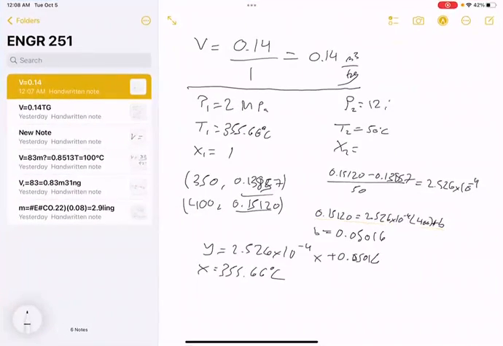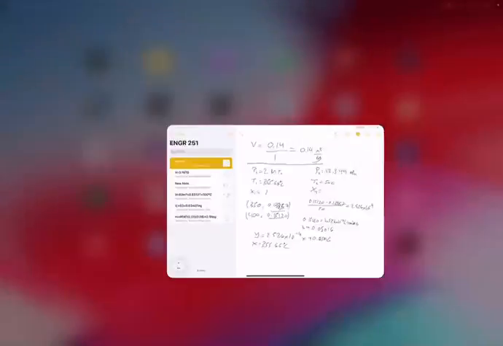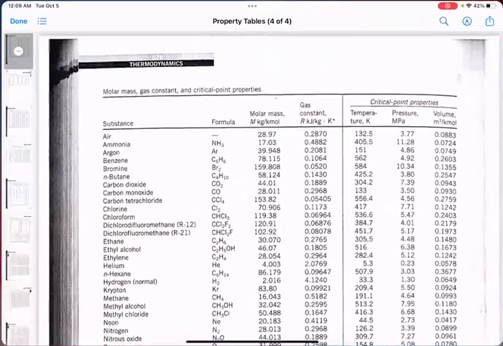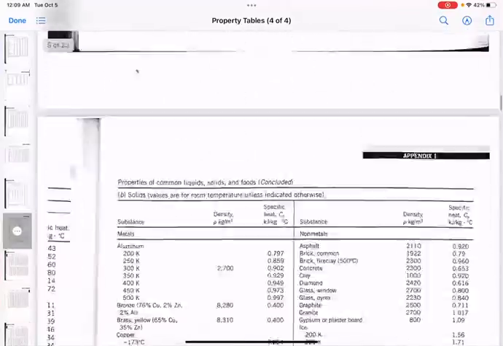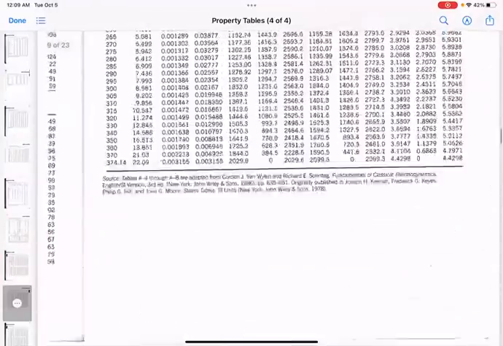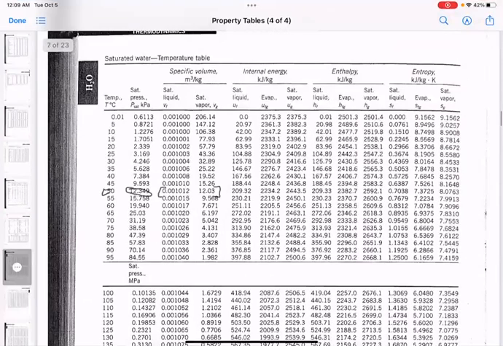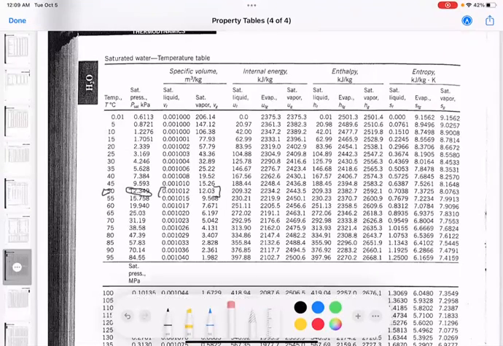So 12.349 kilopascals. But what's our quality going to be? We see this 0.001012 and 12.03. That's the entire range of specific volumes. We're much closer to the liquid, but what we're going to do is our specific volume minus Vf over Vg minus Vf.